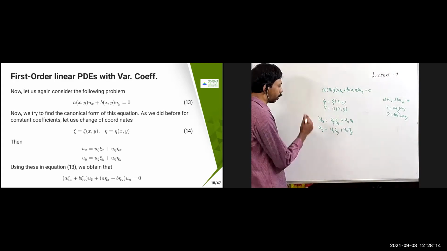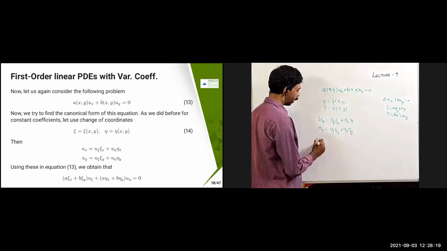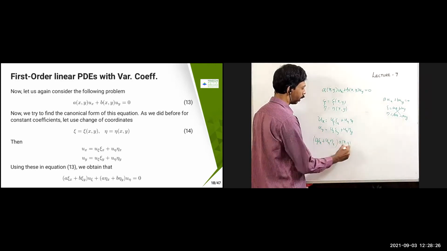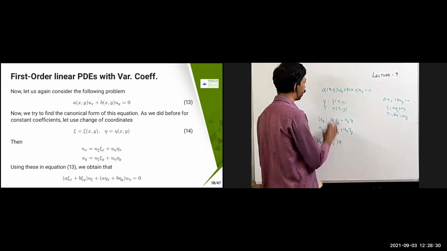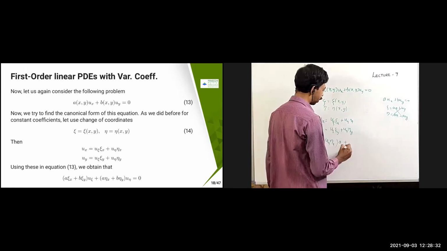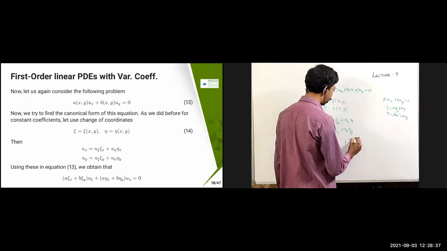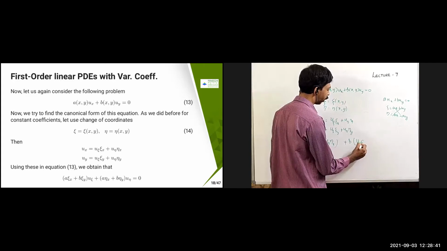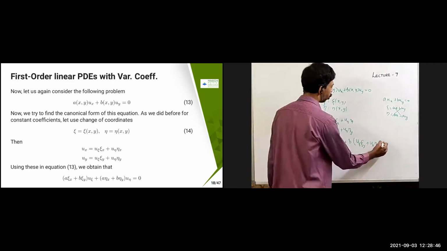So this becomes a of x comma y into u chi chi x plus u eta eta x, plus b into u chi chi y plus u eta eta y, equal to 0.